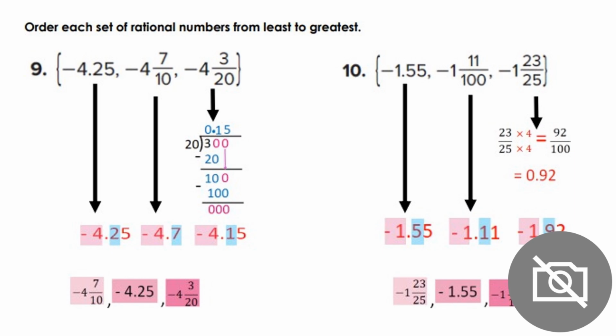Then arrange this in the order least to greatest, that means small to big. So among these the smallest number will be minus 4.7. So you have to write this one, not minus 4.7, okay, because this number is given in the question, so write that first. The next is minus 4.25, then the last one is this. Okay, minus 4, 3 over 20.